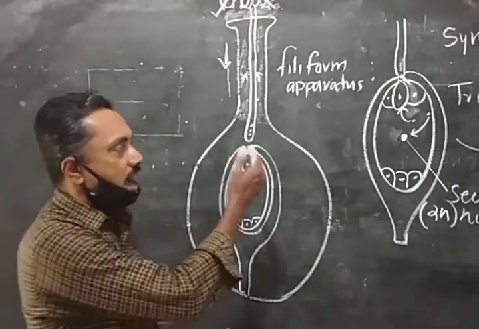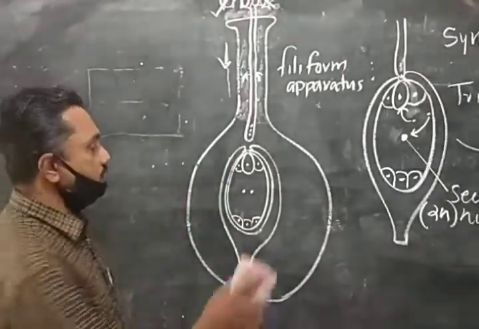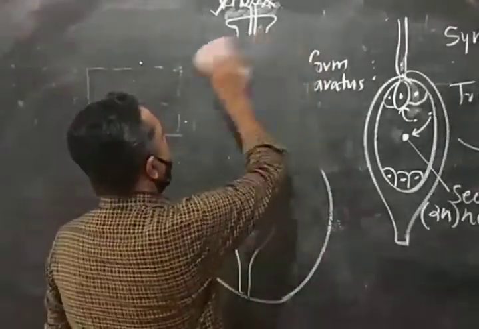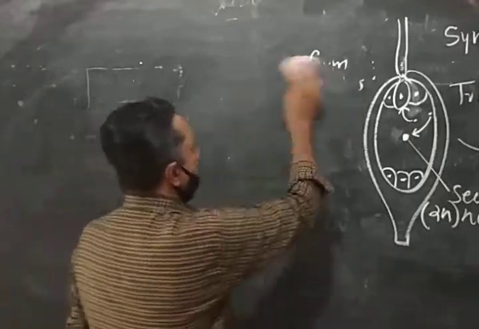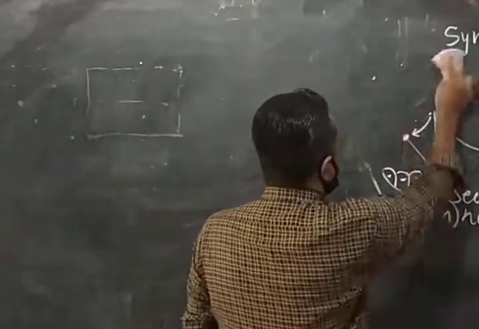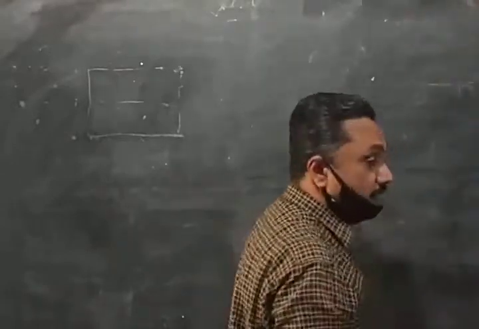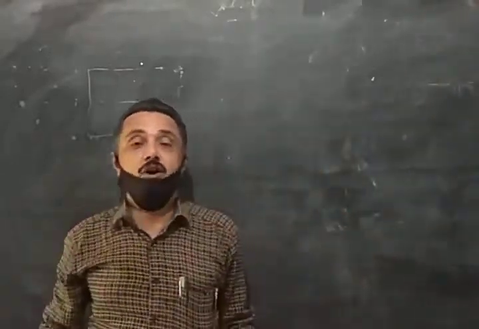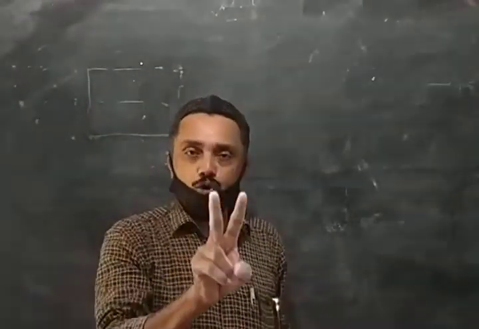So the diagram is there. I explained the complete process and I will give the summary of fertilization. What is fertilization? The joining of male and female gametes is called fertilization. In angiosperms, it takes place in two stages.